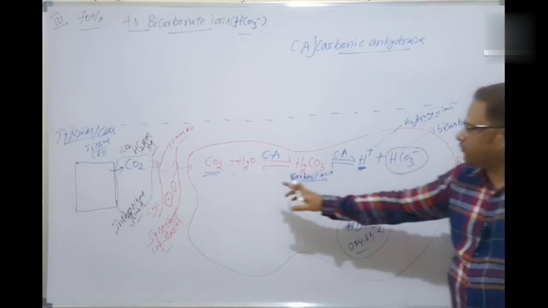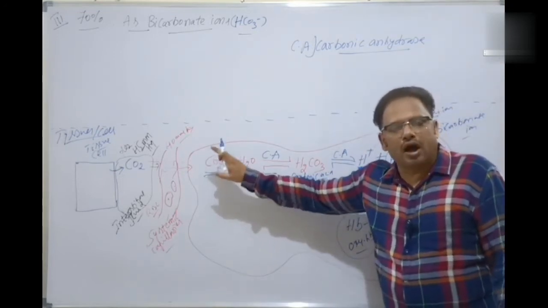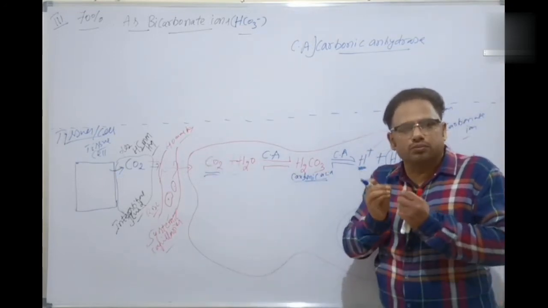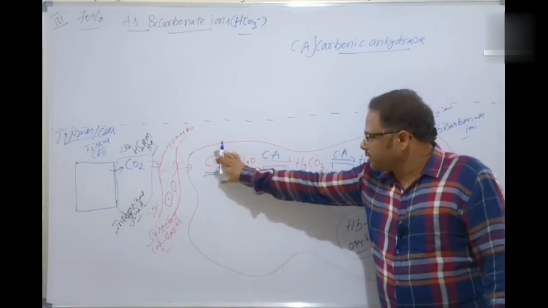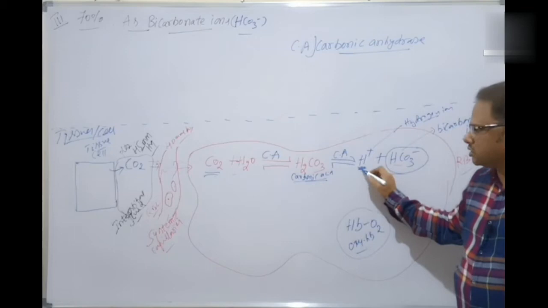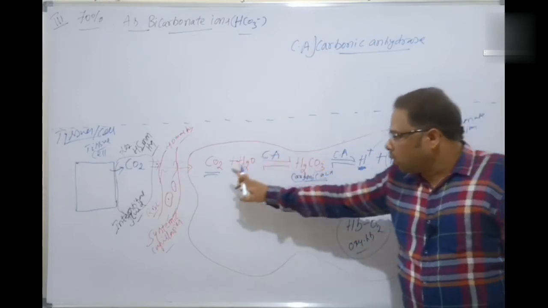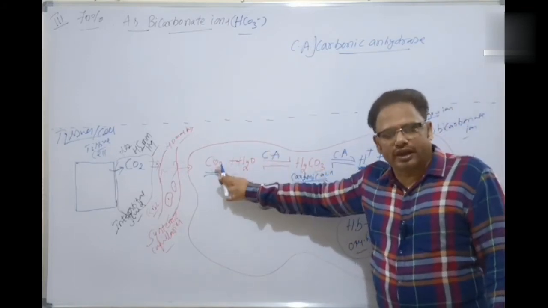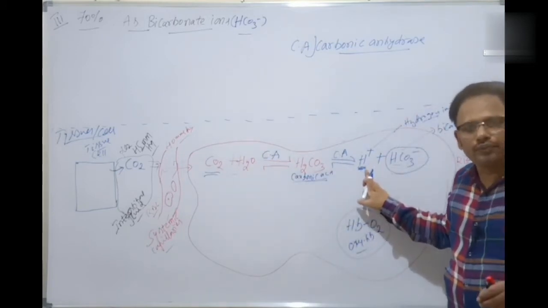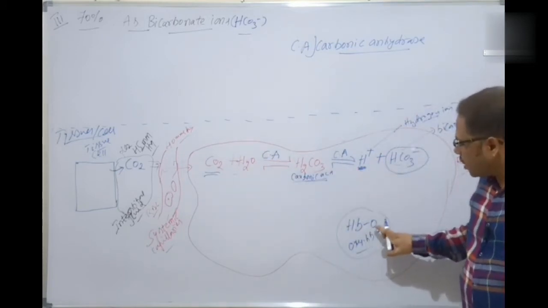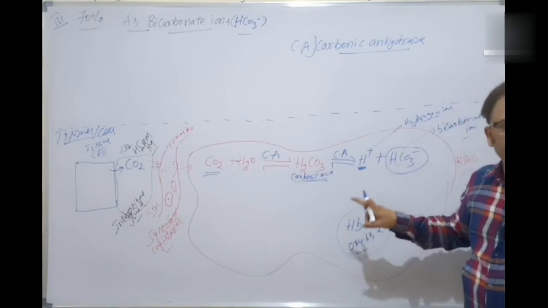Higher levels of carbon dioxide are there, the partial pressure of carbon dioxide is more. When the partial pressure of carbon dioxide is high and it forms hydrogen ions, the loading of carbon dioxide and hydrogen ions leads to the unloading of oxygen from hemoglobin. I told you in the previous lecture also.